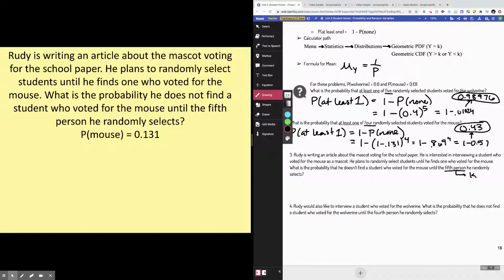That means k equals 5, and the probability of success, because we're talking about the mouse, is 0.131. I'm going to plug this into my formula for the geometric distribution. So I'm finding the probability that y is equal to 5.